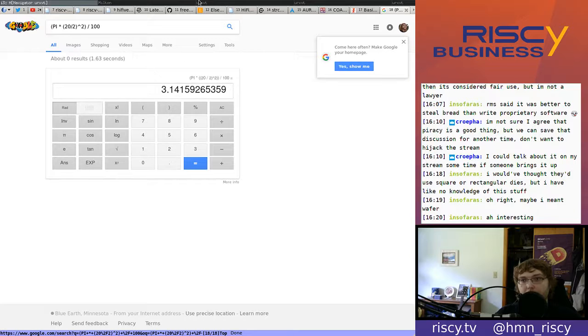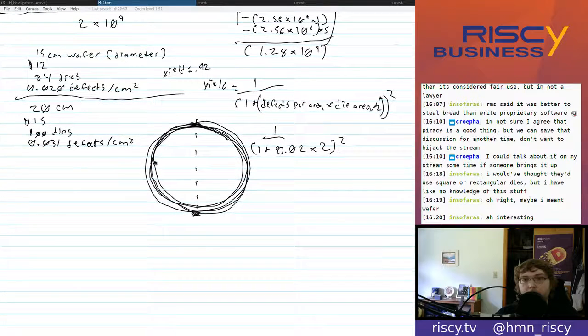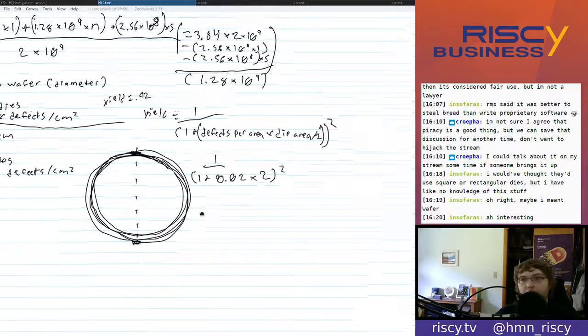Yeah. So that gives us pi. So the die area for this one is pi, if I'm doing the math correctly.